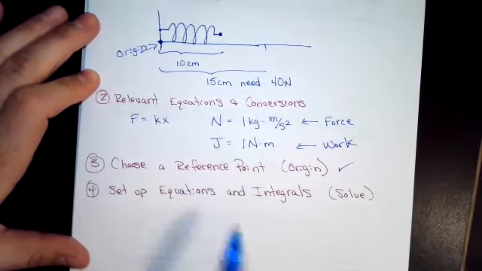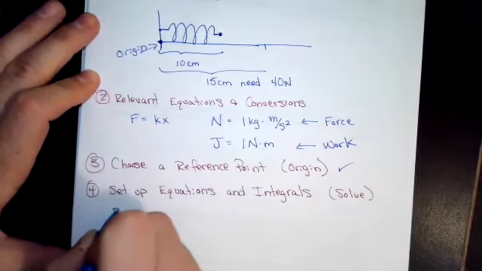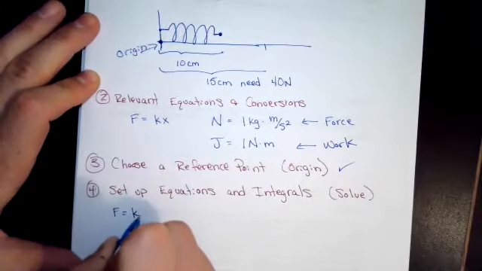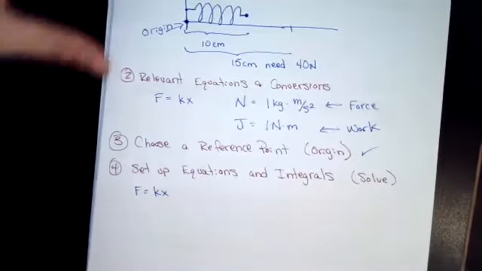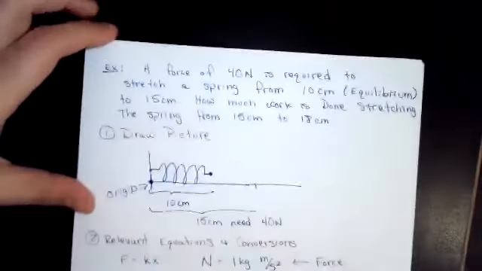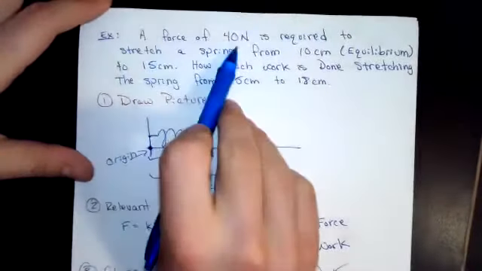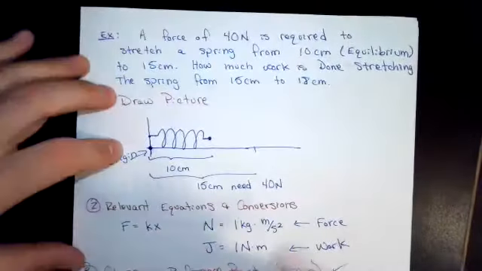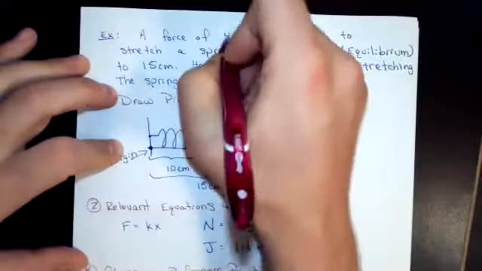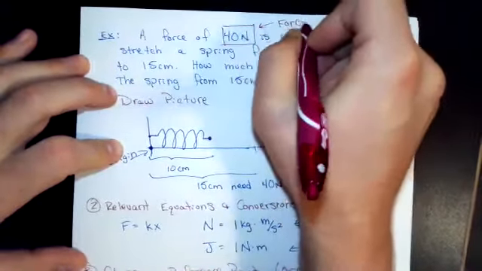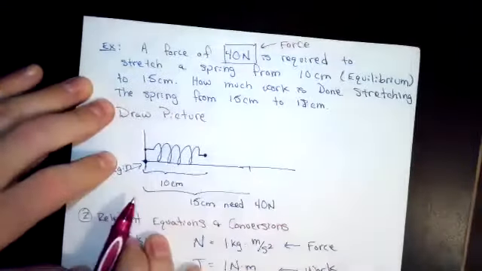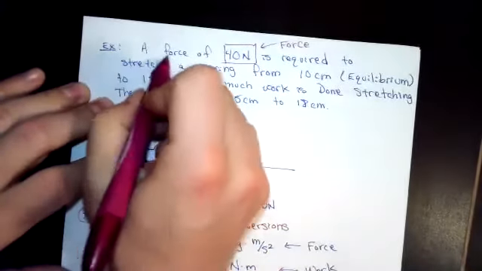So what's our equation? We have the general reference equation we start with, F equals kx, because we're dealing with a spring, and what is the specific information we're given? A force of 40 newtons, so this is a force, and if it helps, highlight, do things like this, write the problem itself.